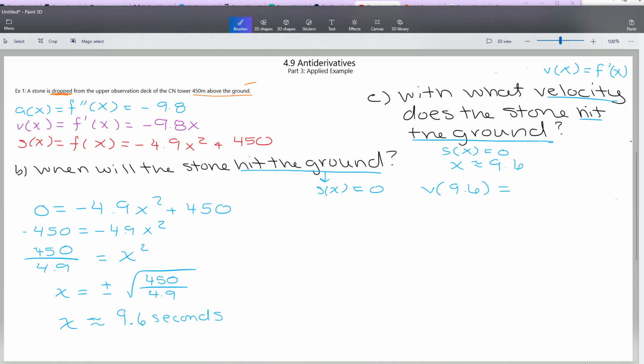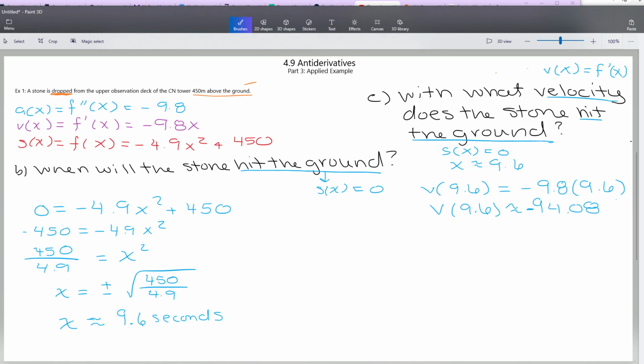This would be minus 9.8 times 9.6, which is approximately minus 94.08. So remember, the minus sign on velocity means that the rock is moving downward.